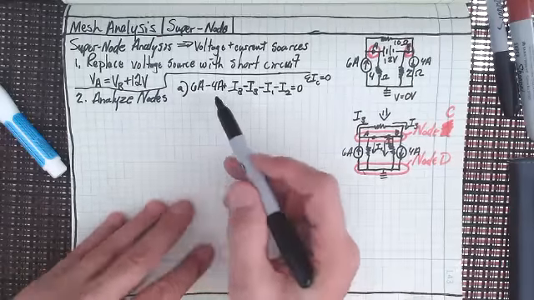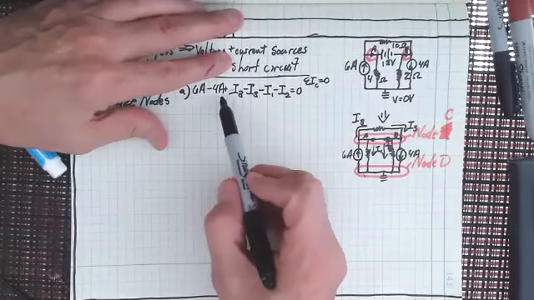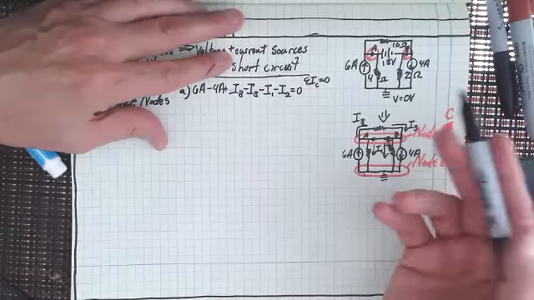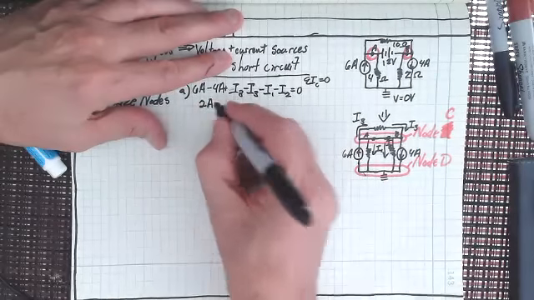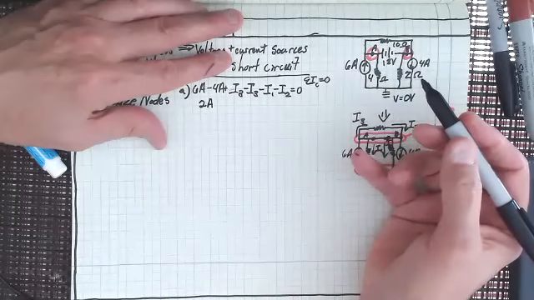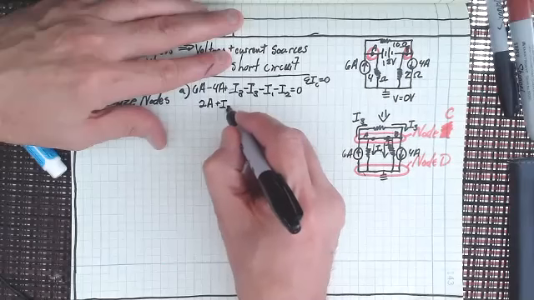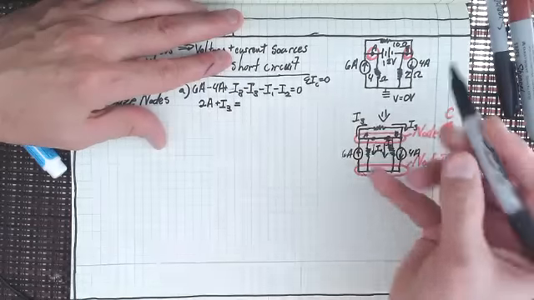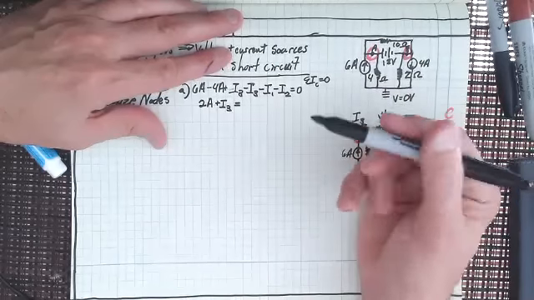I can simplify this a little bit too, can't I? Because 6 amps minus 4 amps is 2 amps, and then I've got plus I3 and minus I3. Now you might say, hey, I3 is positive and I3 is negative, so we can just get rid of those.